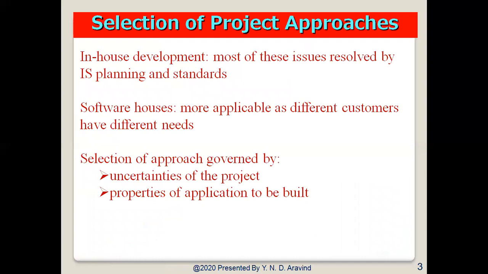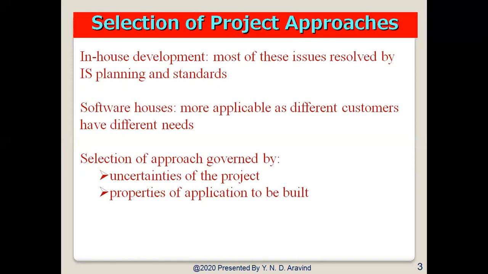So coming to the selection of project approaches, a system development methodology refers to the framework that is used to structure, plan and control the process of development of any information system. A wide variety of such frameworks have evolved over the years, each with its own recognized strengths and weaknesses.